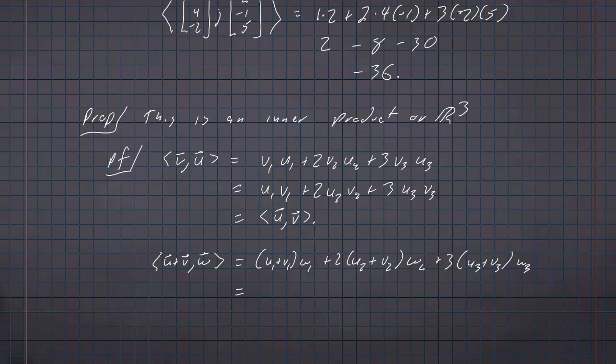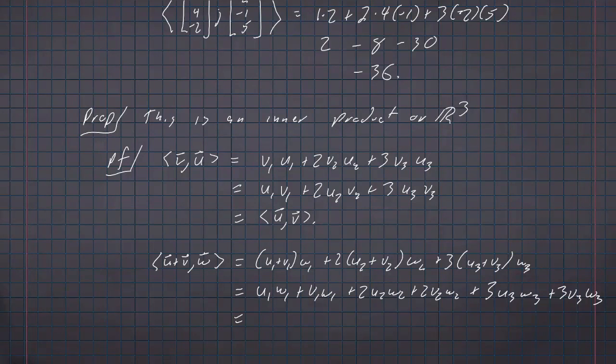Using the distributive property of real numbers, this is u1 w1 plus v1 w1 plus 2 u2 w2 plus 2 v2 w2, excuse me, 3 u3 w3 and 3 v3 w3. And we can group some stuff together.